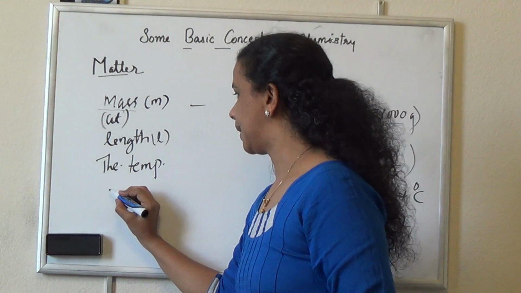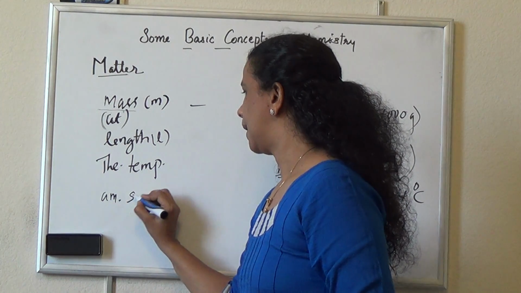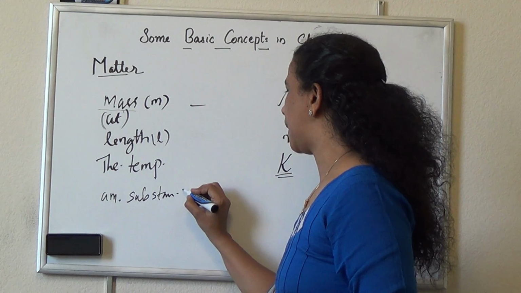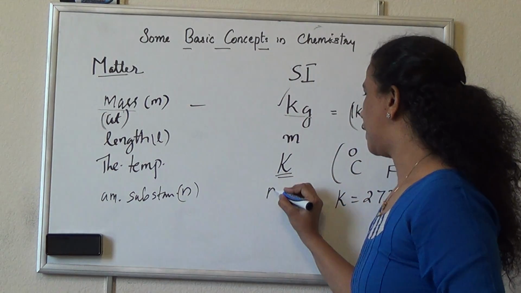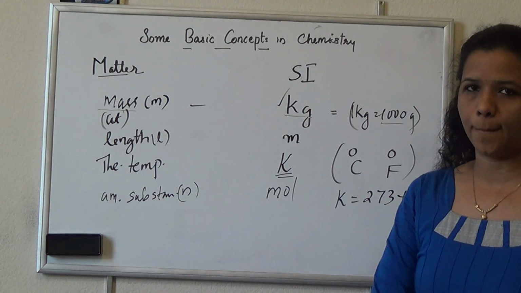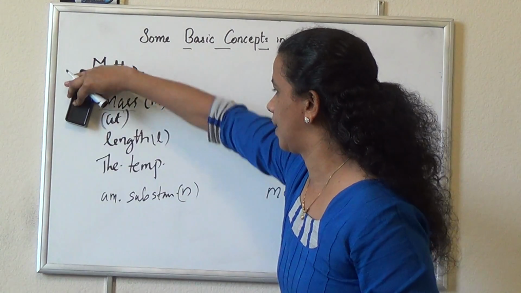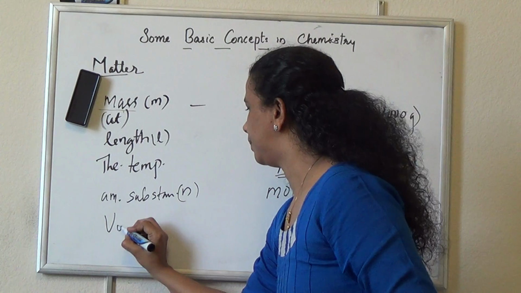Then amount of substance. Amount of substance is represented by the letter n, and we use the unit mole. Then volume.